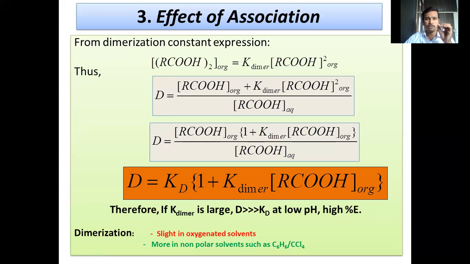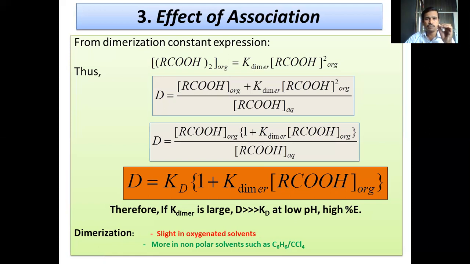So to sum up, in this session we have discussed the classification of extraction systems into essentially covalent neutral molecules, uncharged metal chelates, and ion association complexes.